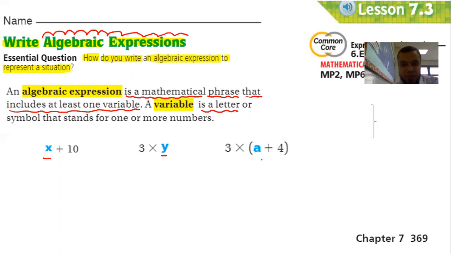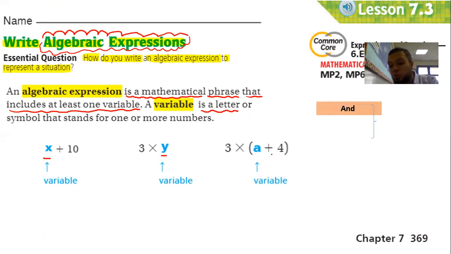This is another example of algebraic expressions. So all of them are called algebraic expressions. Do you understand the meaning of algebraic expressions right now? So what should I name the letter? It's a variable.